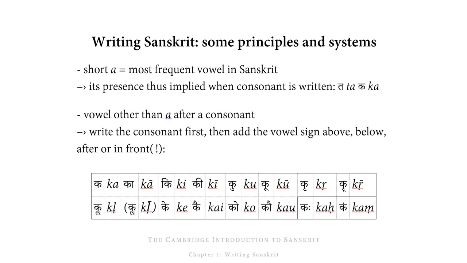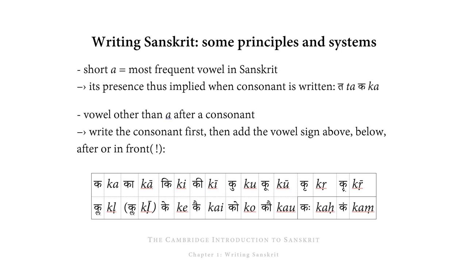And if you don't indicate anything else behind it, you have to automatically assume that this consonant is followed by the vowel short a. This is a very economical way of writing because a is so frequent, and if you take it as the default case, so if nothing else is indicated, assume short a, you are saving a lot of time writing and a lot of space.